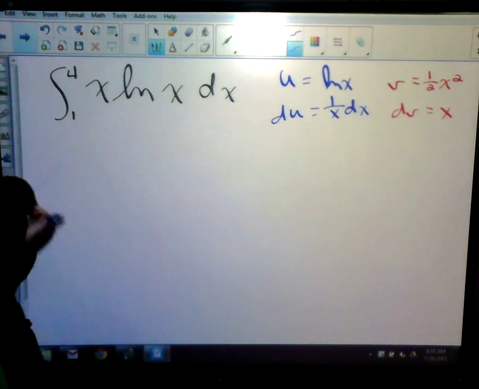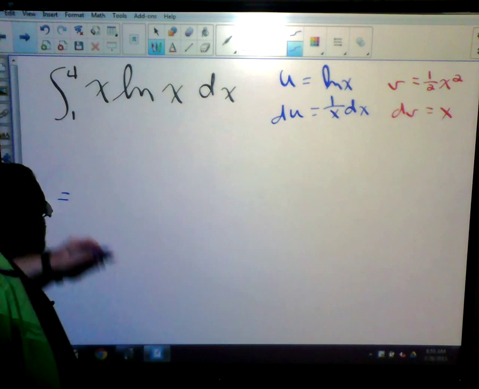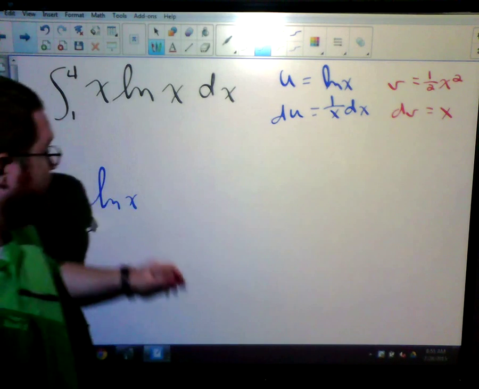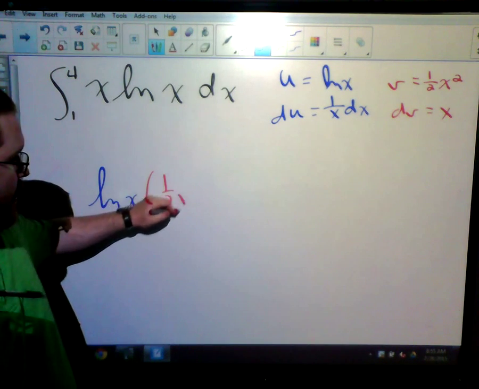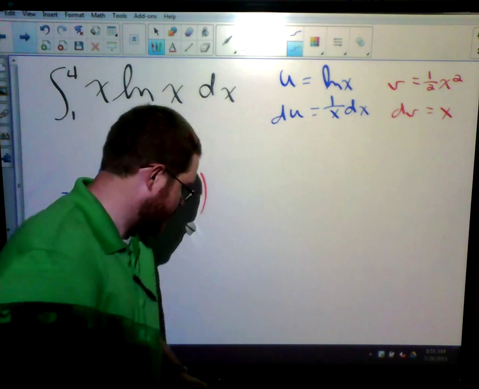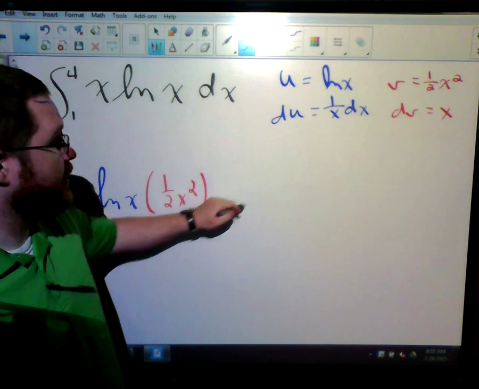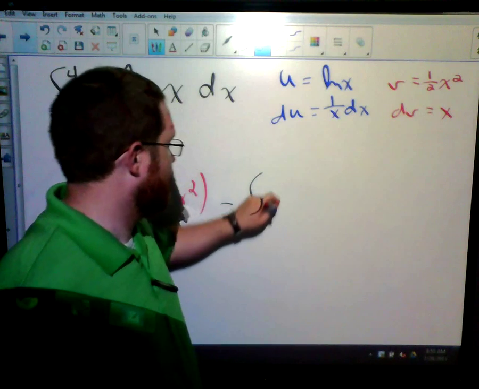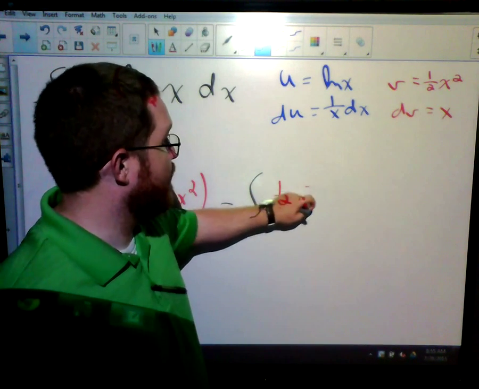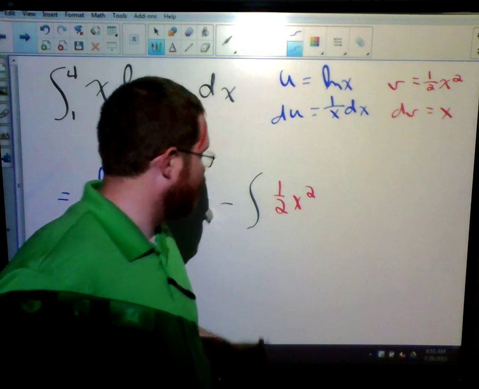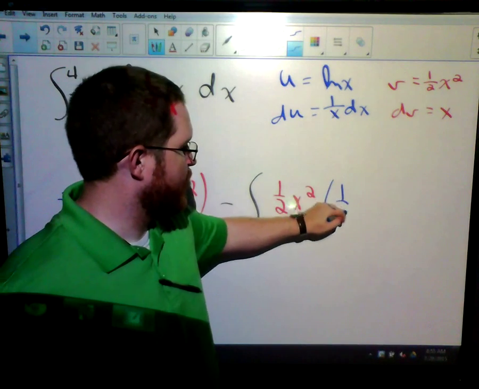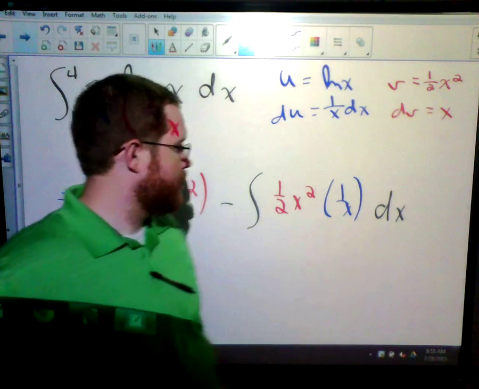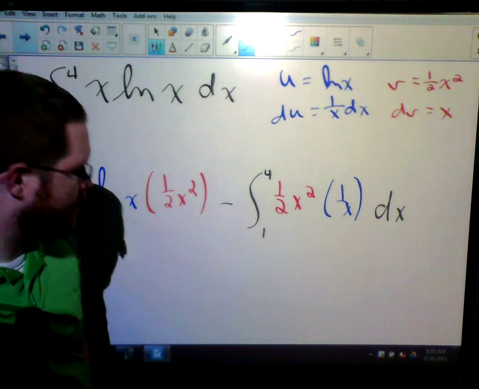So let's go through this. This is u, natural log of x, times v, 1/2 x squared, minus the integral of v, 1/2 x squared, times du, which is 1 over x dx, from 1 to 4.